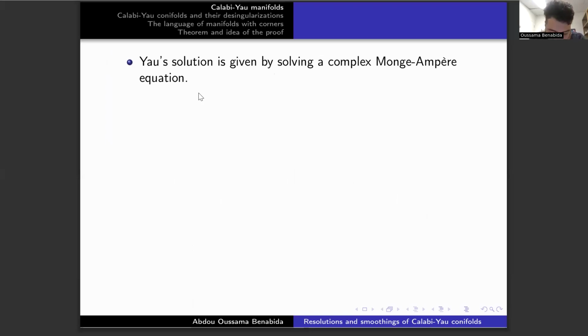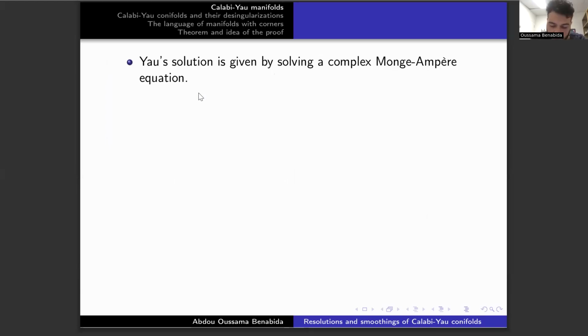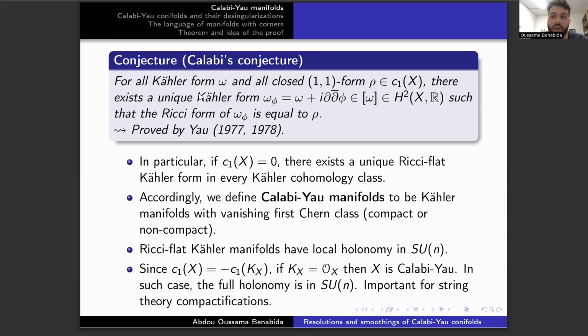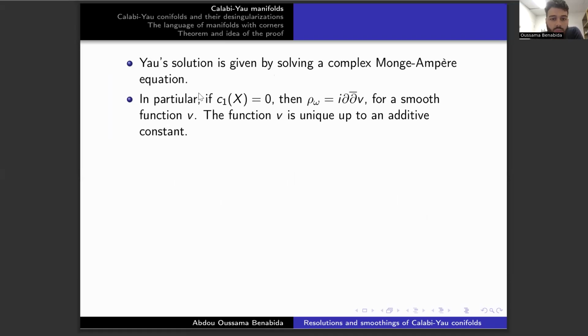So how is Yau's solution of Calabi's conjecture given? It is given by reducing this problem to a complex Monge-Ampère equation. So this is a PDE to be solved. How do we get this PDE? We will discuss it just in the case where the Chern class is equal to zero.